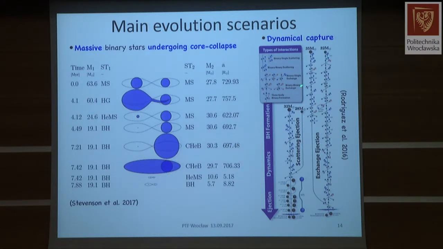The other one is dynamical capture. It means that this binary system arose in globular clusters where many such binary systems are formed. They were interacting, and you had many black hole systems, binary systems interacting also with single black holes.